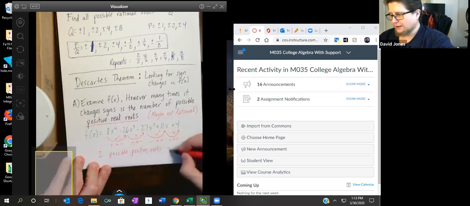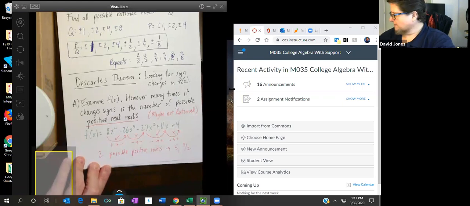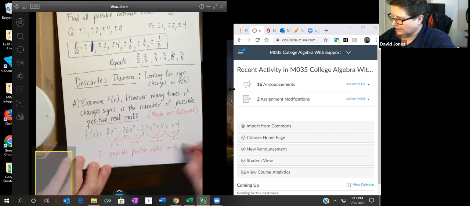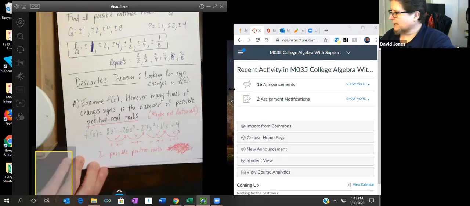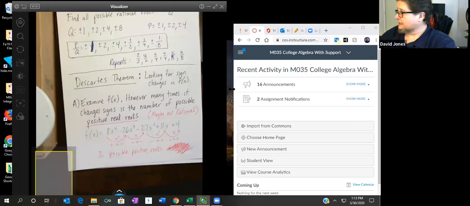And we found them. They were 5 and 3/2. Wait, was that this problem? Nope, that's a different problem. Ignore that. 2 possible rational roots. Positive rational roots.